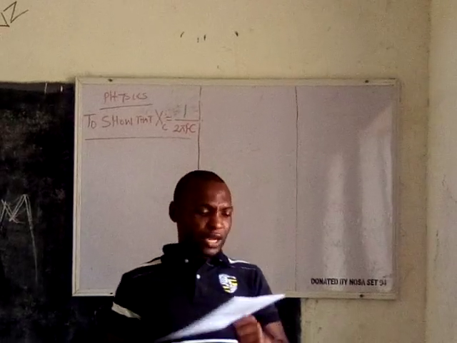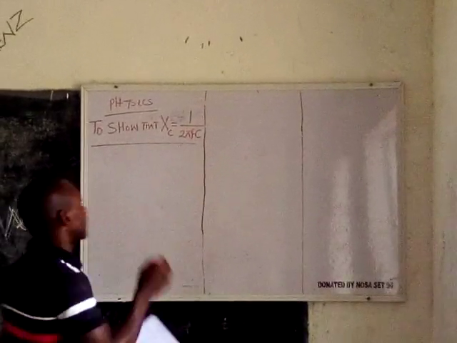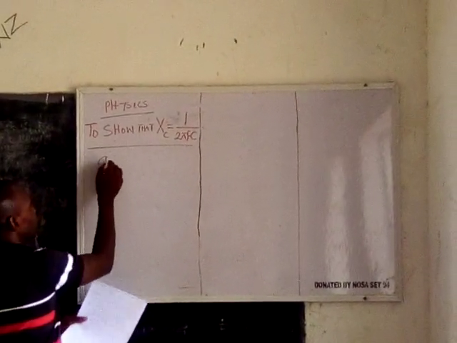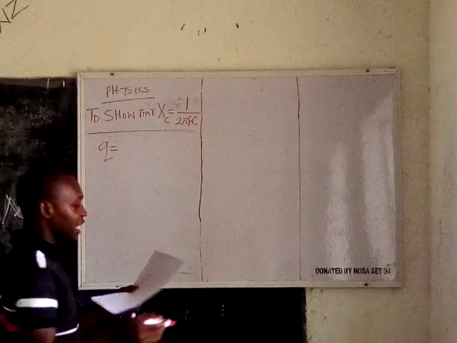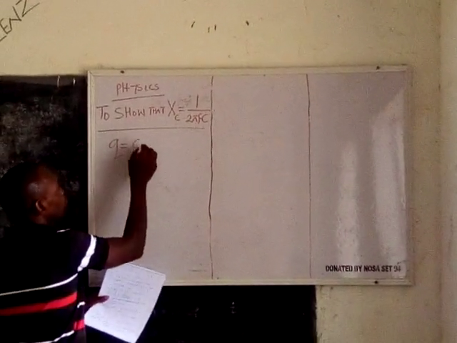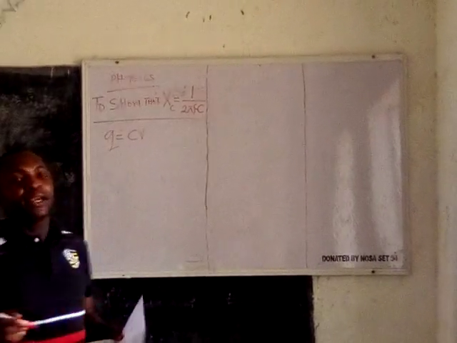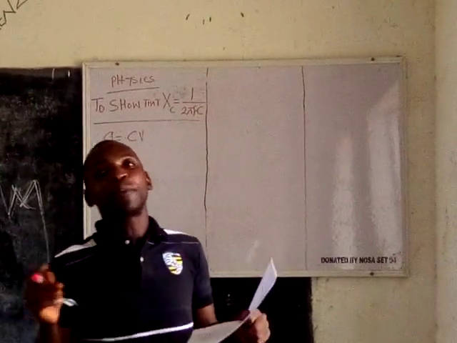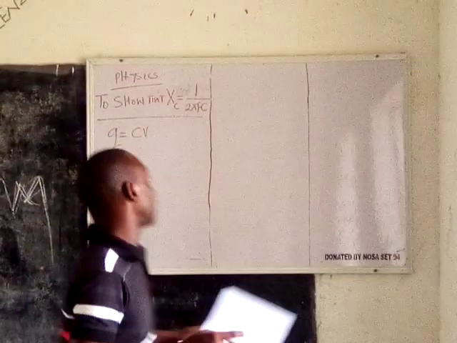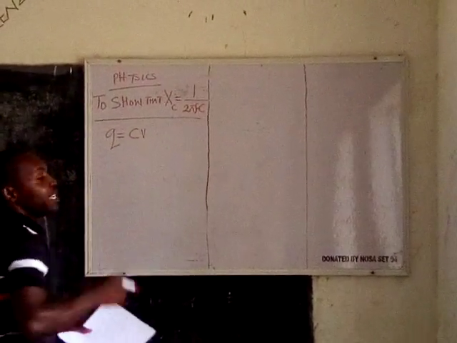Now you can agree with me that Q, the quantity of charge in the capacitor, is related to the product of the capacitance of the capacitor and the potential difference between the parallel plates of the capacitor. You have Q equals CV.